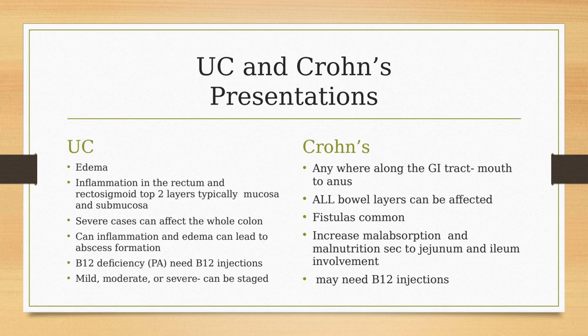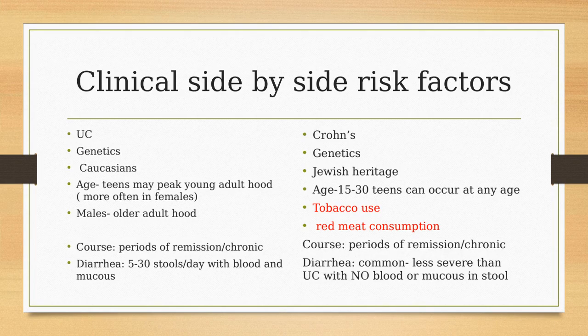All right, so clinical side effects or signs and symptoms. These are risk factors. Both have a genetic predisposition. UC is becoming more and more of a genetic predisposition. They have done a lot of research to say that UC is higher among Caucasians and Crohn's is higher among those of Jewish heritage.